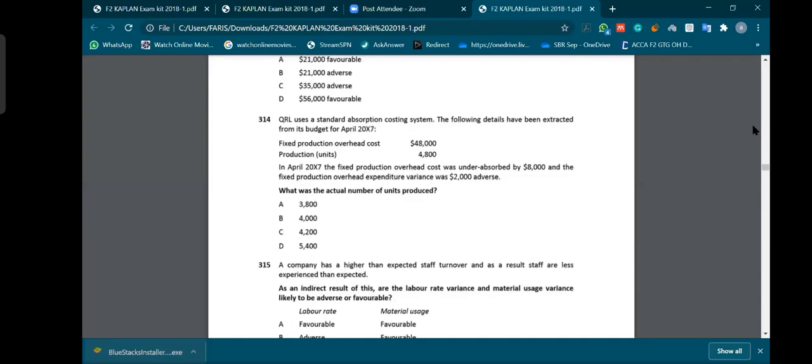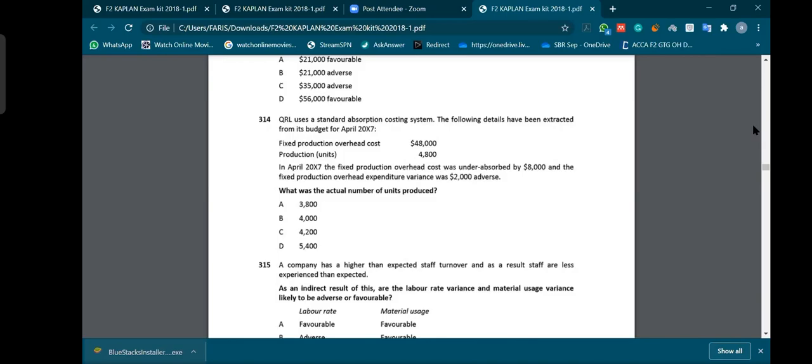In April 2007, the fixed production overhead cost was under absorbed by 8,000 and the fixed production overhead expenditure variance was 2,000 adverse. What was the actual number of units produced? Okay, so we know that 48,000 is your total fixed production overhead budget. Units are 4,800, so your OAR should be $10 per unit.